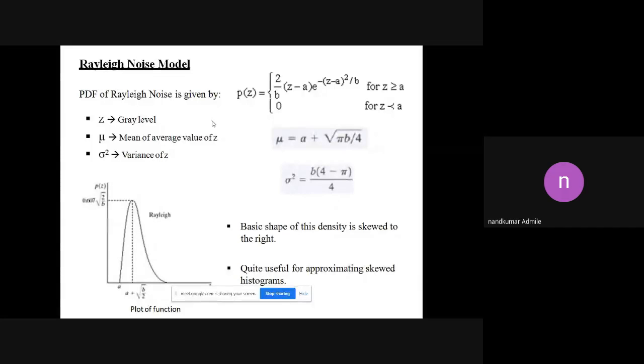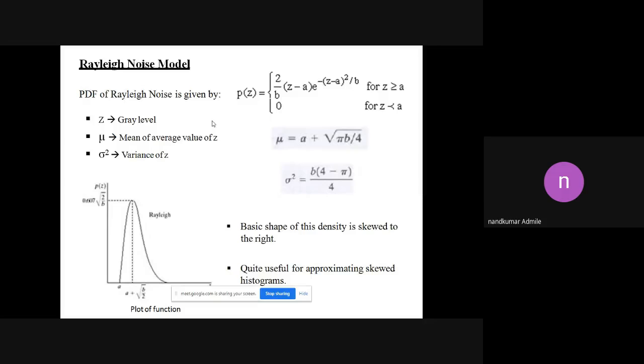There is a little bit of change in the plot of the Rayleigh noise model. It is also present at the center of an image, but the representation of the Rayleigh model has a little bit of a dip.